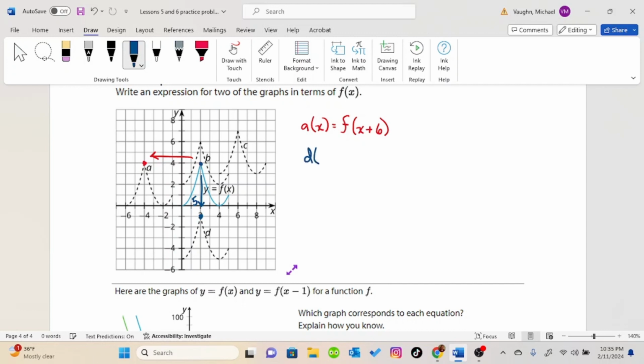So d of x would be f of x minus 5. Since I shifted down 5, I put minus 5 outside the parentheses.